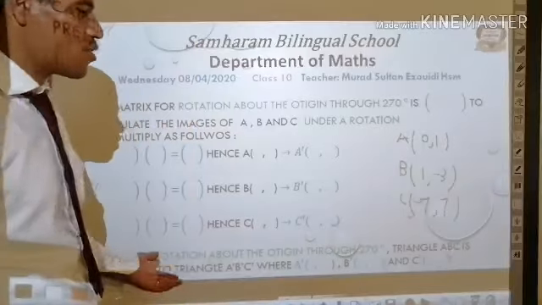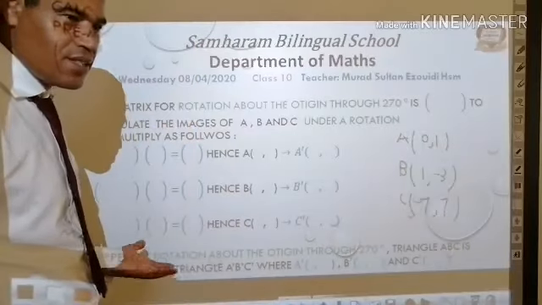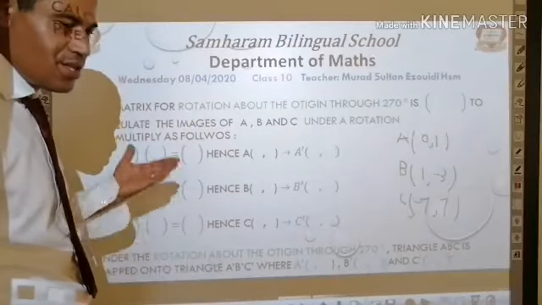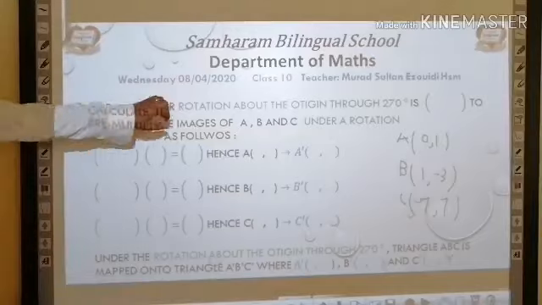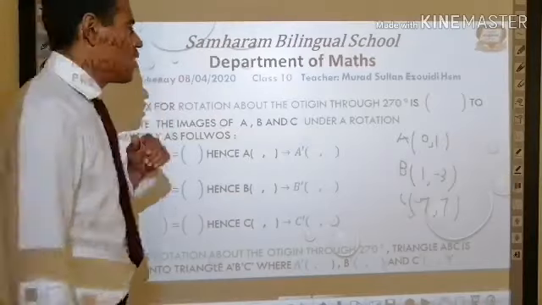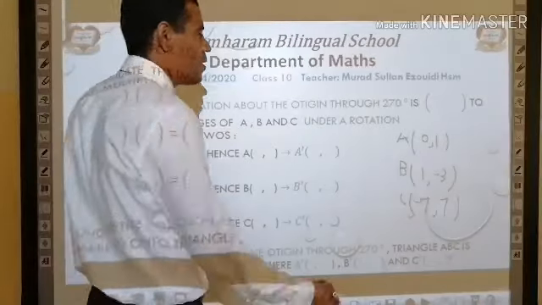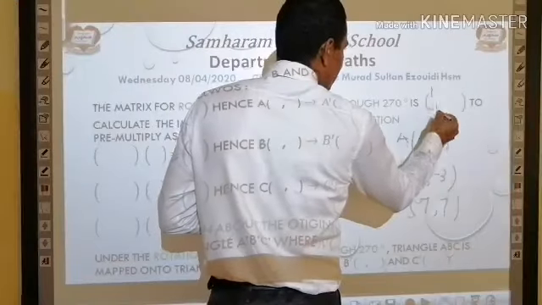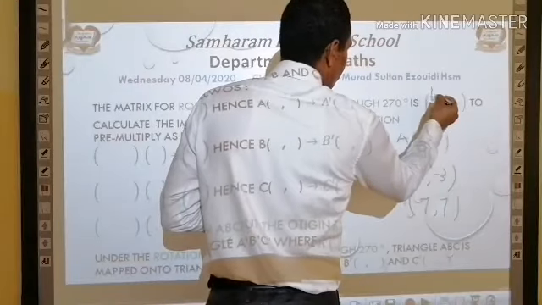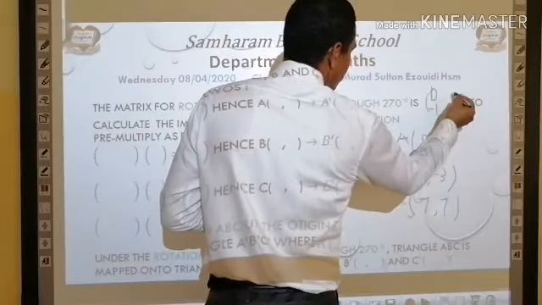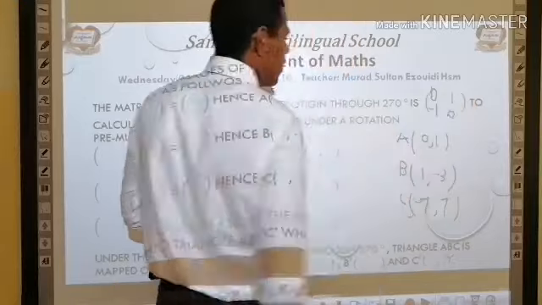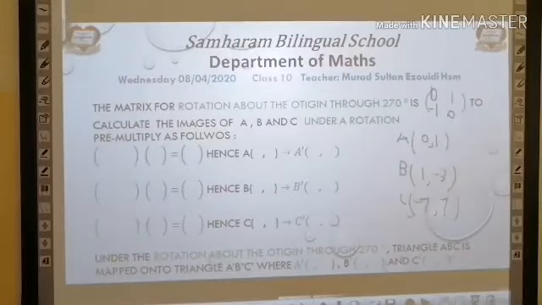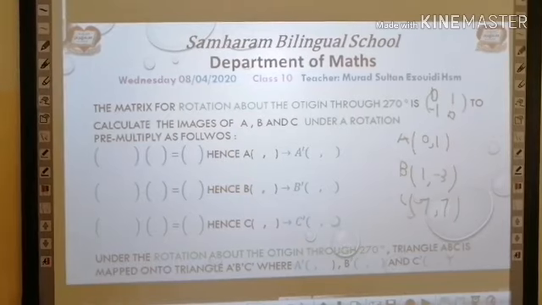So first of all, I should write the matrix for this rotation. The matrix for rotation about the origin through 270 degrees is [0, 1; negative 1, 0]. This is the matrix that transforms any point in the rotation about the origin through 270 degrees.